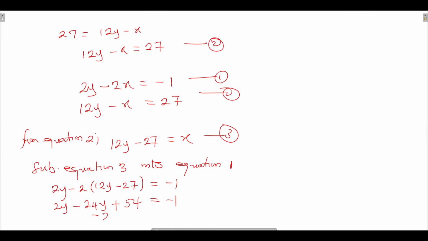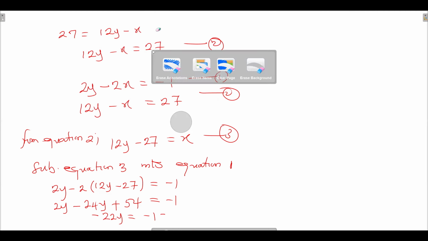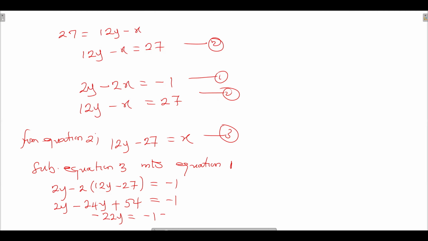This will be minus 22y equals minus 1 minus 54.